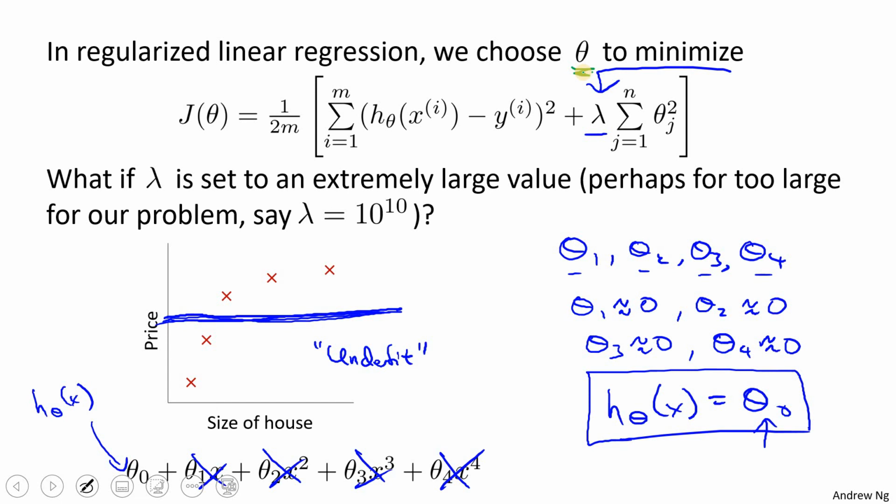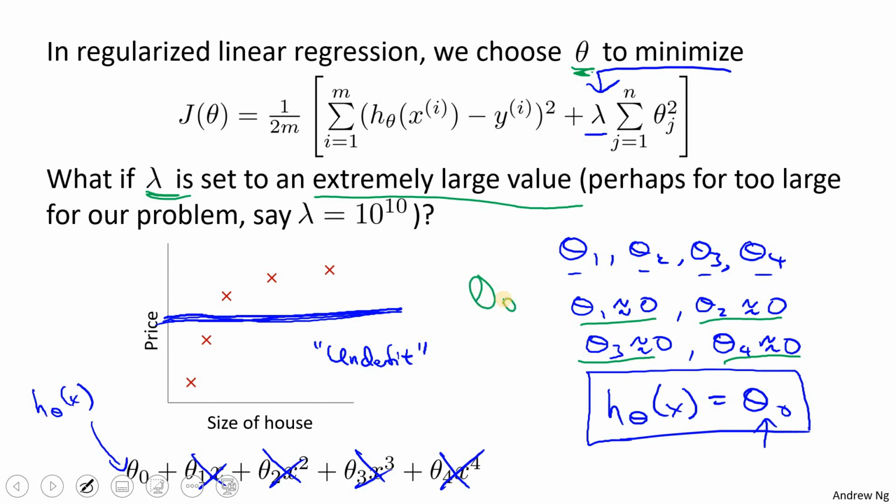Now, if lambda is extremely large, same question as you have seen previously for the case of alpha, the learning rate. If lambda is very large, what will happen? It will try to cancel out most of the terms. So theta 4 will become 0, theta 3 will be 0, theta 1 will be 0, theta 2 will be 0, and only one term that is not affected by regularization will remain, which is theta 0.